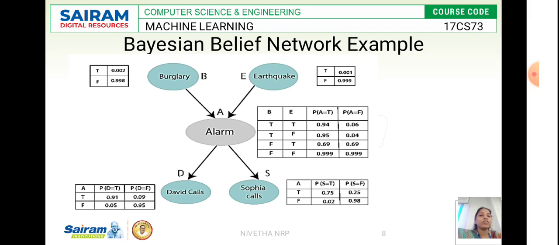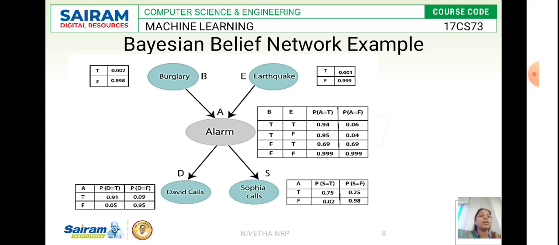For burglary, the probability for the true condition is 0.002 and for false it is 0.988. For earthquake, the probability for true is 0.001 and for false it is 0.999. This is the probability.